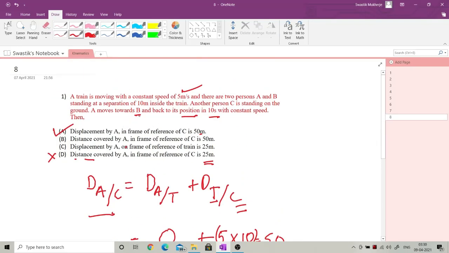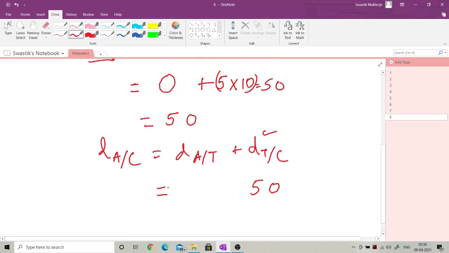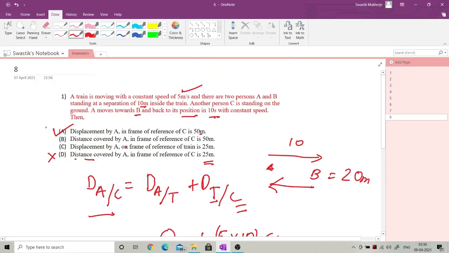A moves towards B, A and B are at a 10 meter distance, and then back to its position in 10 seconds. With respect to the train, we consider the train is not moving, so it covers a total distance of 20 meters. So this is 70, and option B is also not correct. Nor is option C correct, because we just saw that the distance covered by A is 20 meters and this says the displacement is 25, which is not possible.